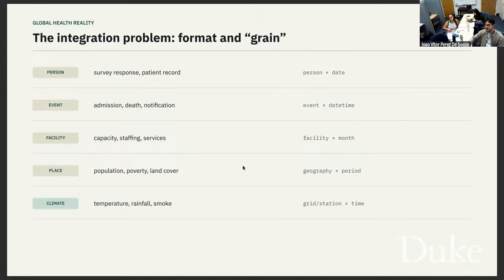When you go into actually thinking about this in a global health scenario, and thinking about some of the studies that we do at Gemini, the challenge is usually the format and the grain, or the resolution. Grain, I think it's a good word.